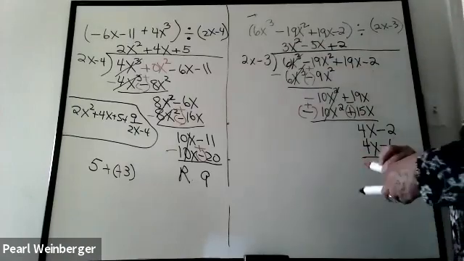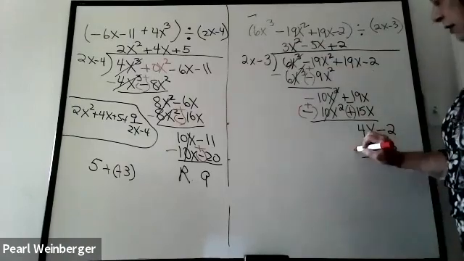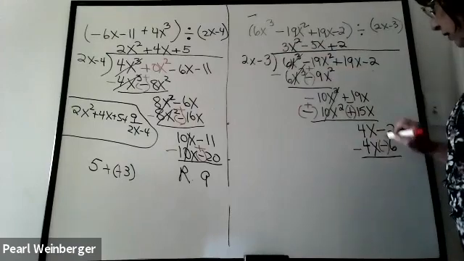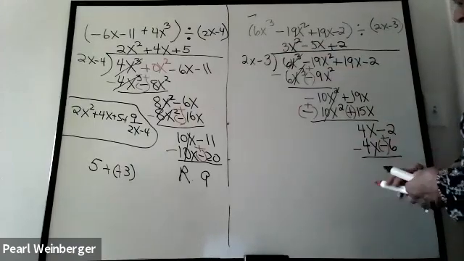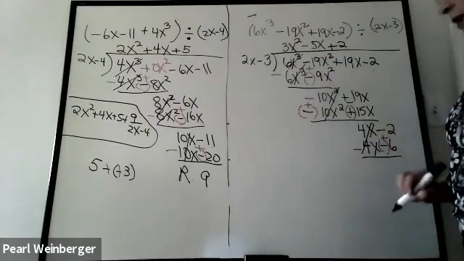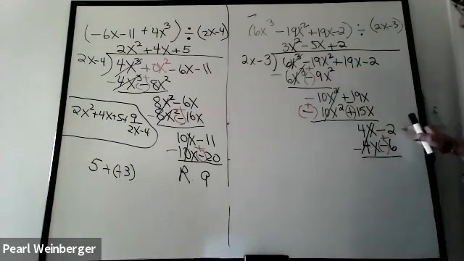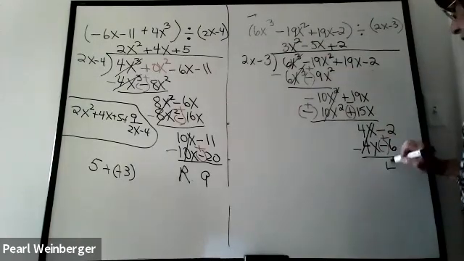Again, I want to subtract, so I'm going to make the 4x a negative and the negative 6 a positive. So the 4x minus the 4x cancel. Negative 2 plus 6 gives me positive 4.